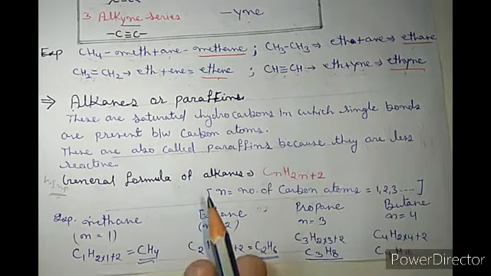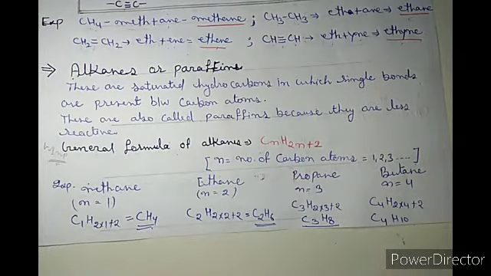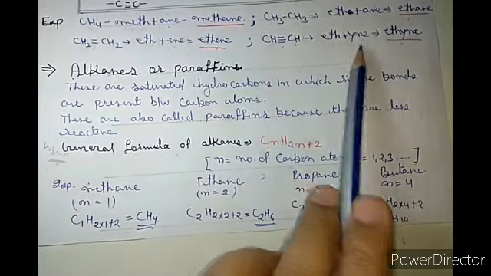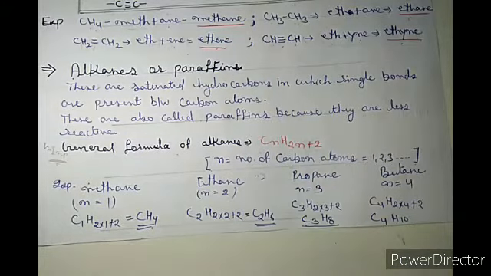Now, with the help of this, we can derive the molecular formula. Let me clear one thing: this is the molecular formula, and we discussed the structural formula. Got it? So the first member of this series is methane.